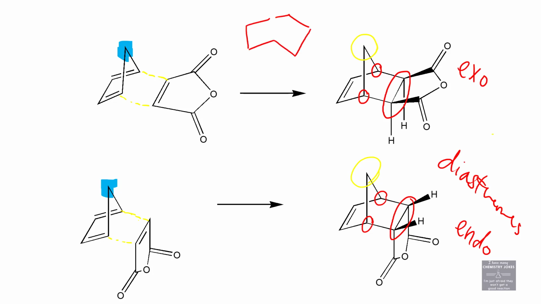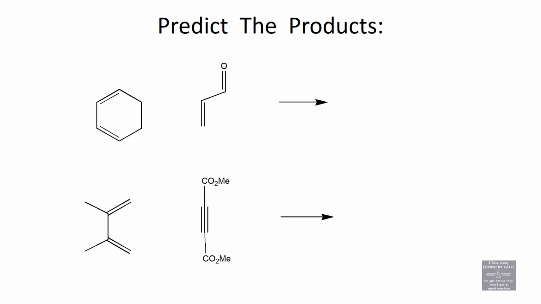Exo has your substituents pointing outward on your bicyclic thing, while endo has your substituents pointing sort of inward on your cycloalkene thing, making this sort of cup-like shape in this molecule and a flat-like molecule up there in exo. All right, I'm ready to wrap this up because PowerPoint's making me crazy.